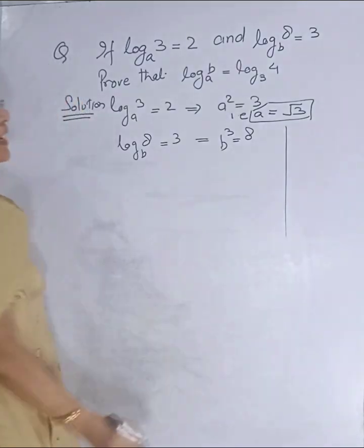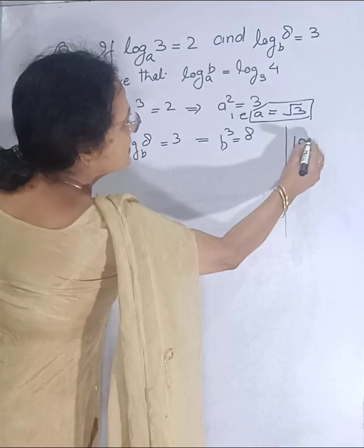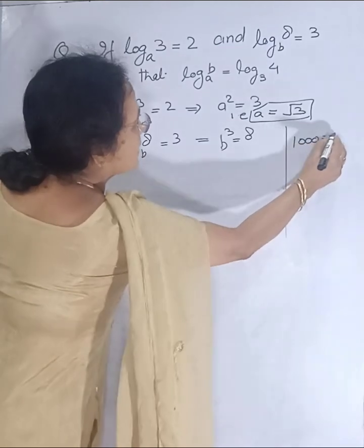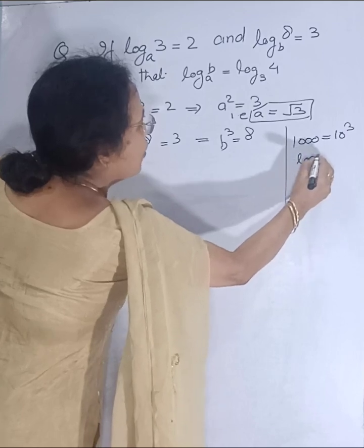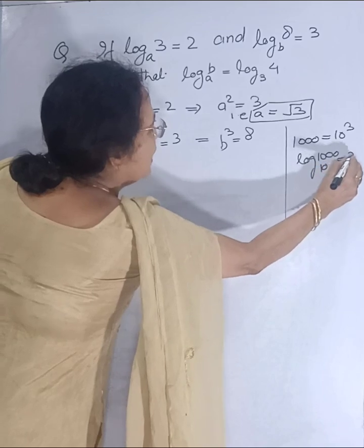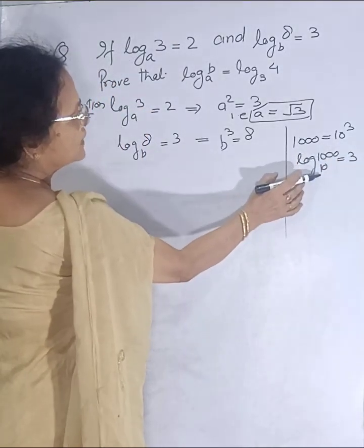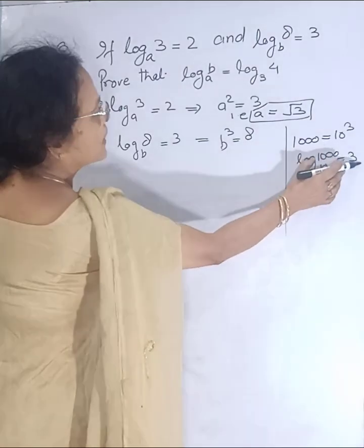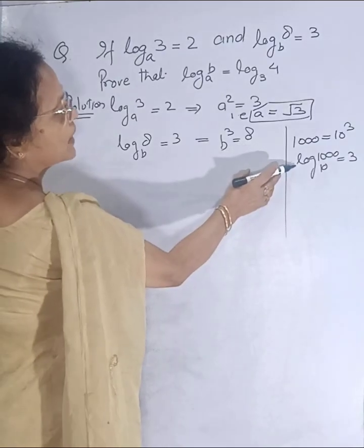तरीका मैंने आपको बता रखा है याद करने का, कंफ्यूज होने की बिल्कुल कोई जरूरत नहीं होती है. 1000 वाला एग्जाम्पल रखिए, 1000 को लिख सकते हैं 10 की पावर 3, और इस केस में लिखा जाता है log of 1000 to the base 10 is equal to 3. इसका मतलब ये हुआ कि 1000 को 10 के बेस पे 3 मल्टीपल में बदला जा सकता है. लॉग के रूप में इसी बात को कहते हैं.